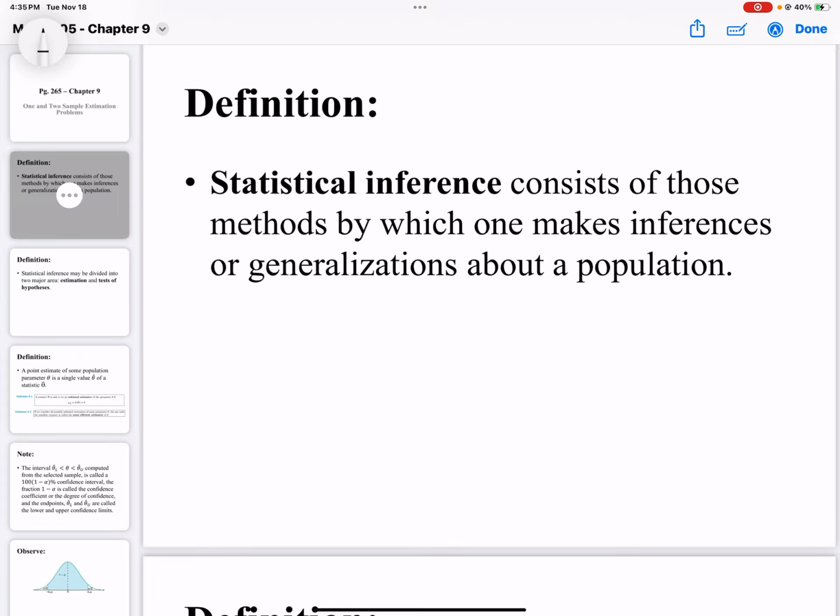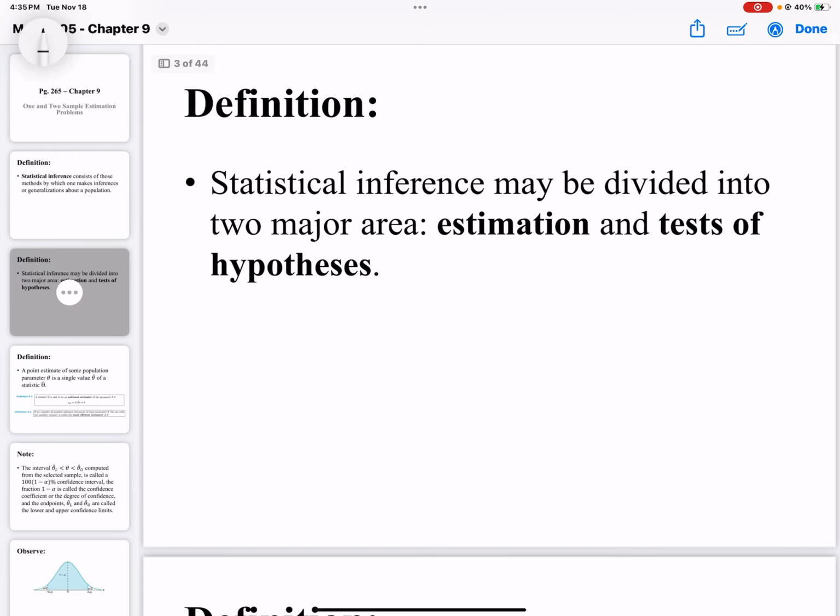Statistical inference may be divided into two major areas, estimation and also hypothesis testing. If you've done Stats 2, then you certainly know all about that. We break it down into two main categories, but we're not going to be doing hypothesis testing today. We're going to focus on the estimation side.